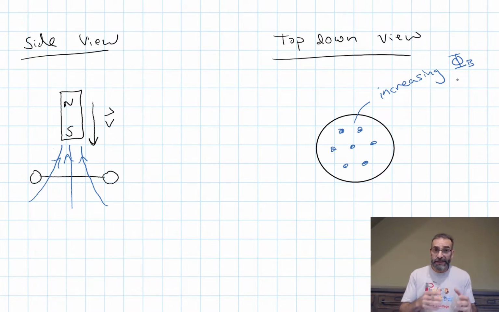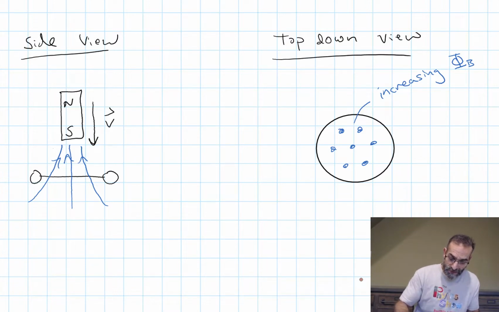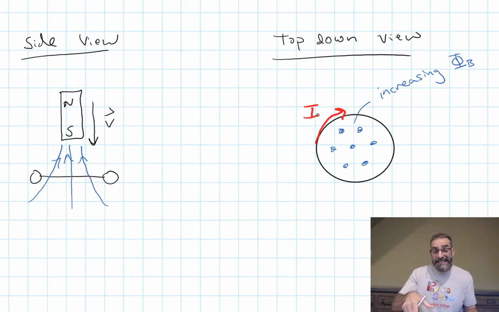So it had very little flux coming up. As the magnet gets closer and closer, we get more and more flux out of the page. So the current is going to get set up to create its own flux into the page, to try to reduce it back to where it was.